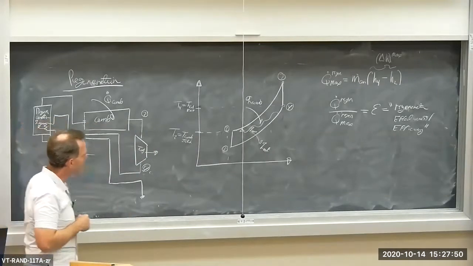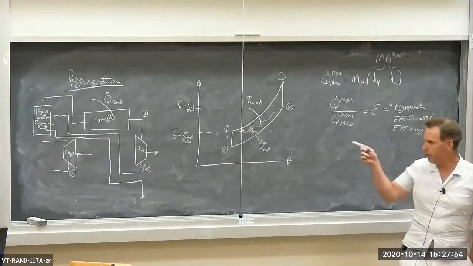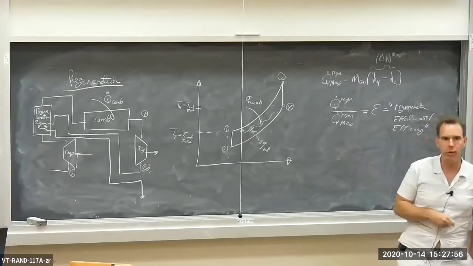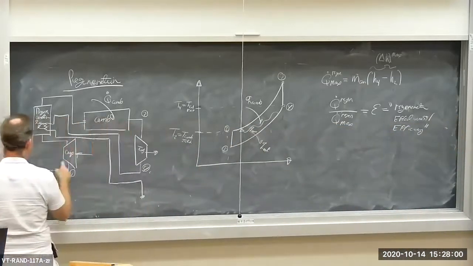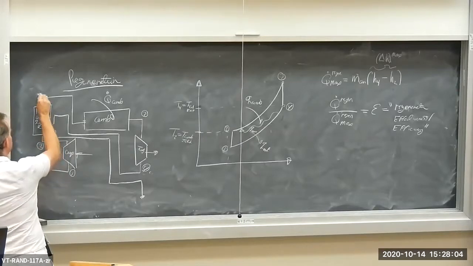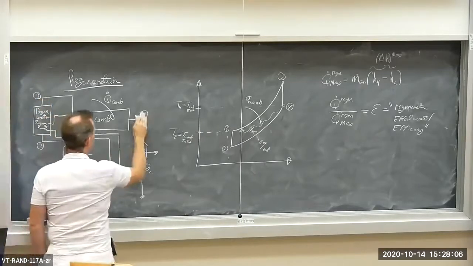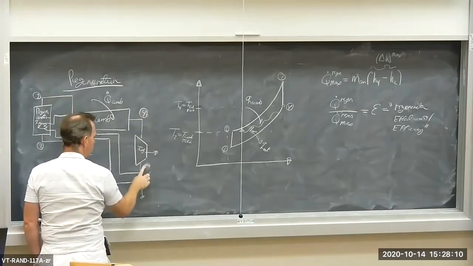Now, if I have a regenerator here, I need some additional states. I need to redraw this TS diagram and reassign my states. Let's see, this is state 1. This is going to be state 2. This is going to be state 3. This is going to be state 4, 5.